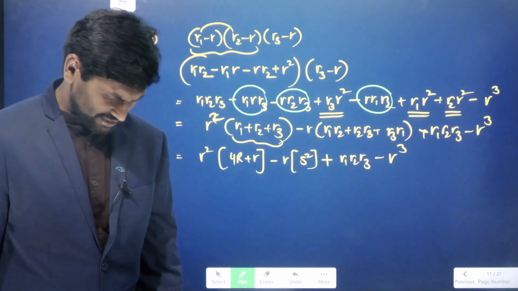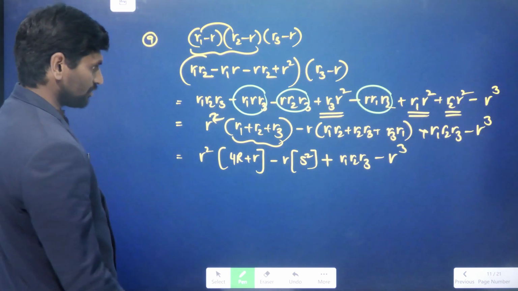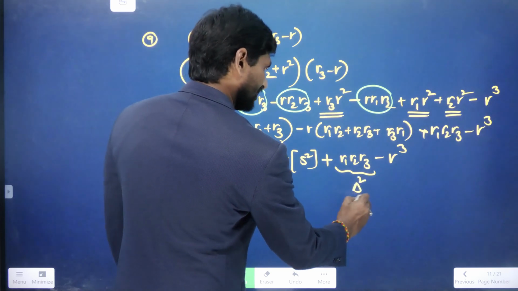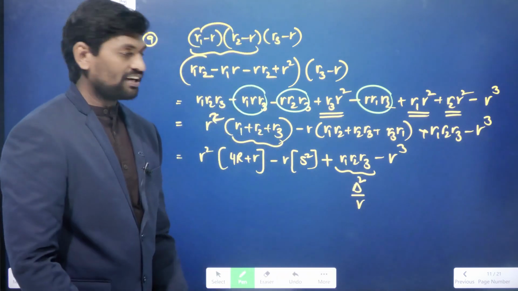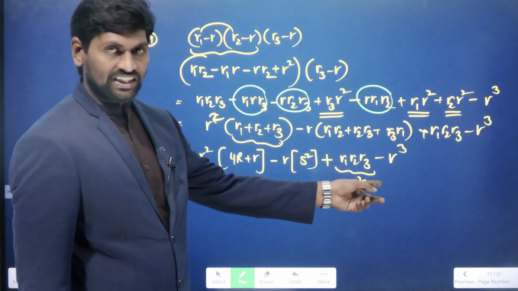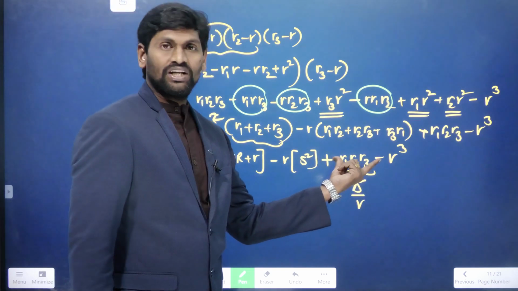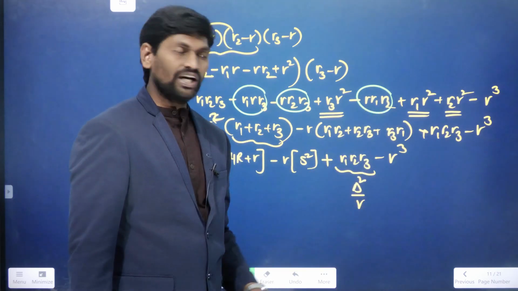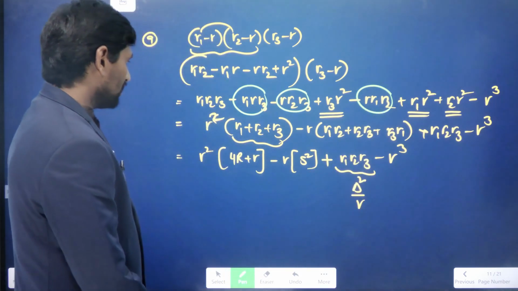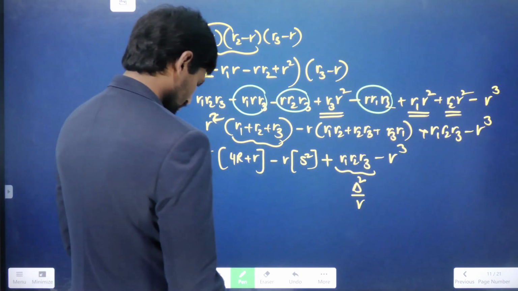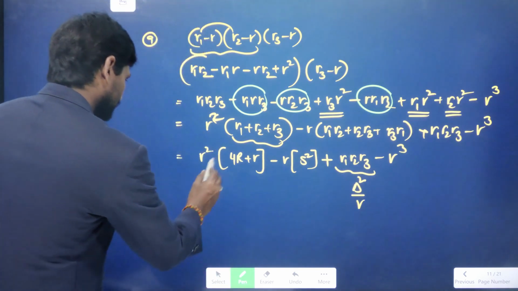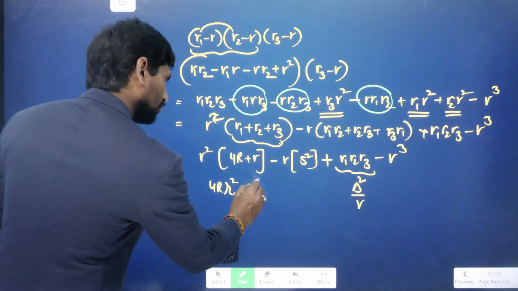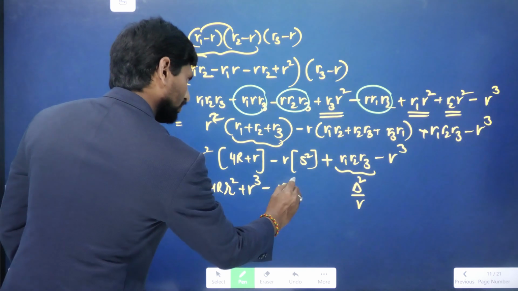Okay? So let us try to find out the answer. In the place of r1 r2 r3 I can write delta square by r. Now remaining terms: just multiply this one, 4R into r square, 4R r square plus r cube minus r into S square.